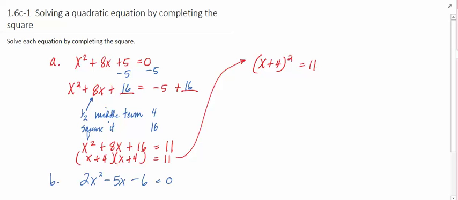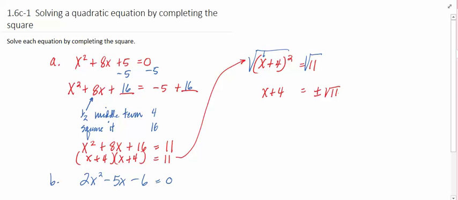Why would we want to consolidate them? Because now we're going to use what the last video talked about, which is the square root property. Now that the x is in one location being squared, we're going to take the square root of both sides. That's going to free up the x, which is the reason we want to take the square root.